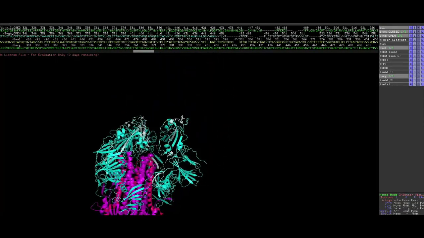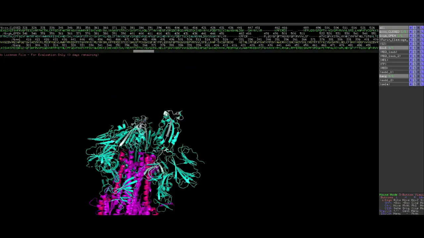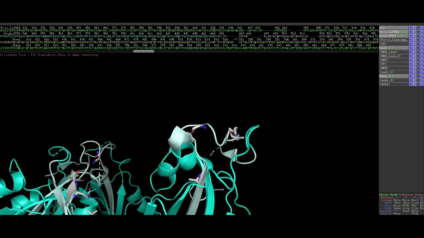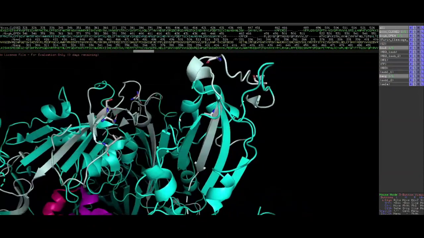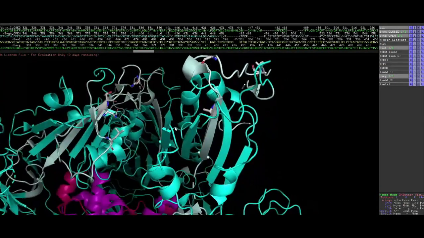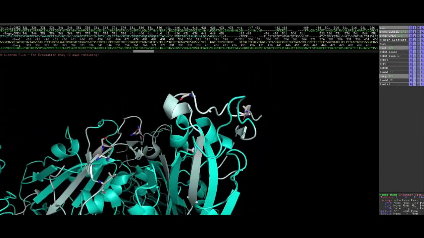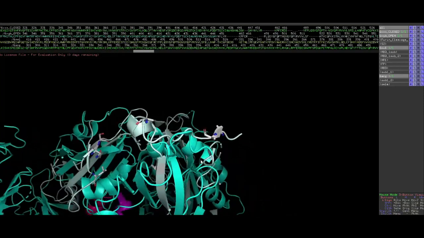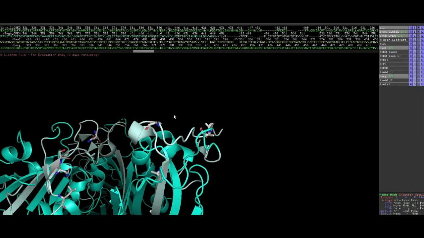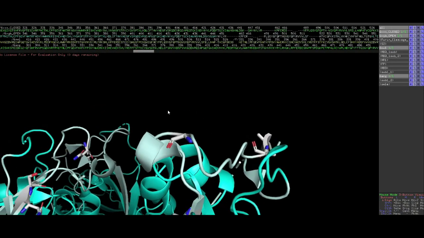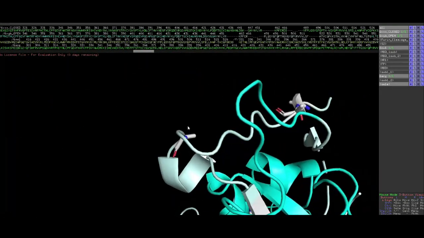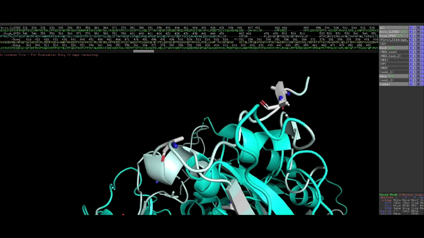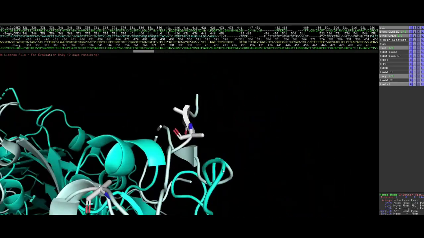And I have up here in the more silver color the parts of the receptor binding domain that actually interact with the ACE2 receptor. And I have in stick version here these amino acid residues that actually interact with the ACE2 receptor.